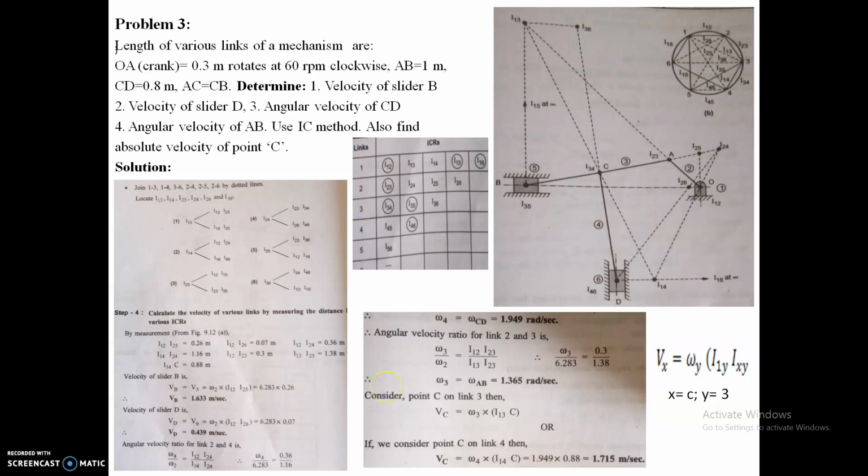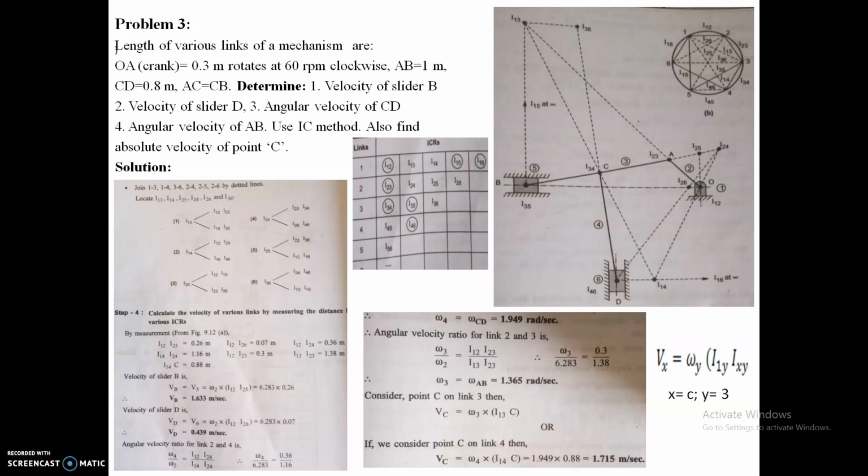So again, first of all you draw the configuration diagram by using a scale. Then you have to calculate omega, that is the angular velocity of the crank. For the configuration diagram, I have taken the scale 1 centimeter is equal to 0.1 meter.